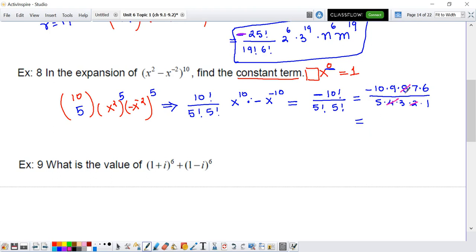And 3 times 2 is a 6. 5 times 2 is a 10. So 2 times 2 times 7 times 9, and that number is negative 252. That will be the answer. So no constant term means exponent is a 0. There are some practice problems in the worksheet you will have to do tomorrow.